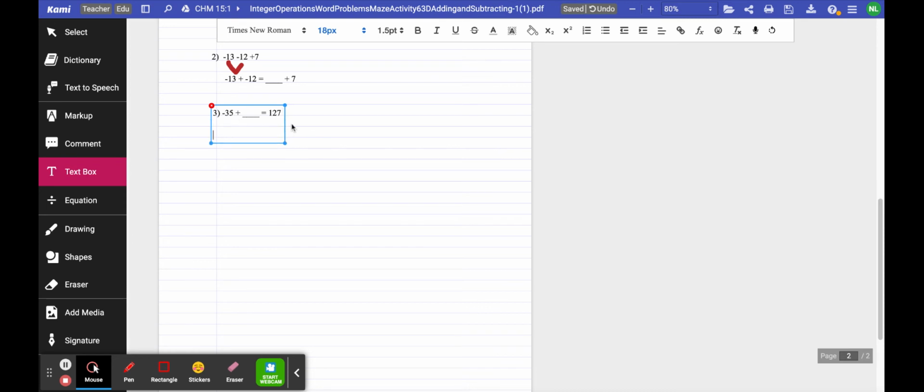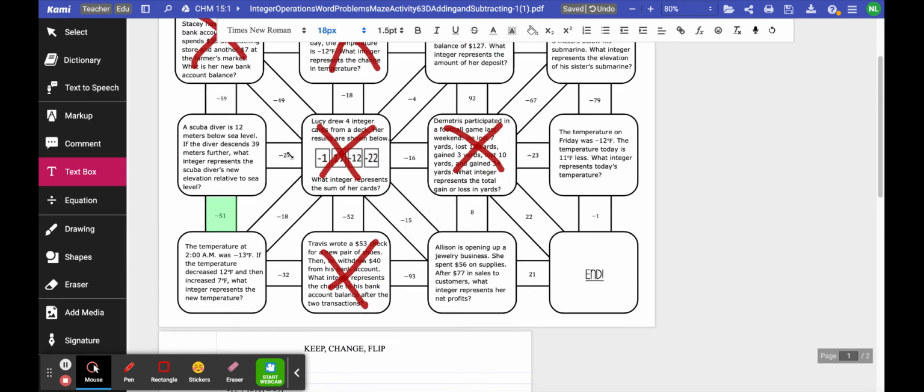And in order to do that, we can say 127 minus negative 35 equals what number? You have to change this into an addition sentence. So you need to do that, and then you will get your answer.